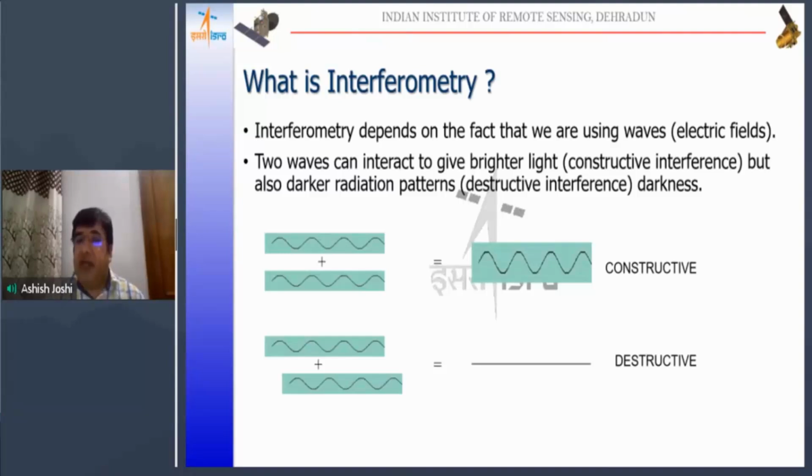So when two coherent waves superimpose each other, we have two phenomena: one is constructive interference and the second is destructive interference. When these waves are superimposed, if the phases of the two waves are the same, we have constructive interference. When they are out of phase, we have destructive interference.